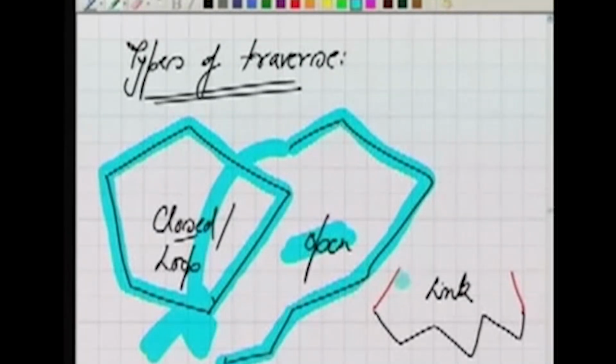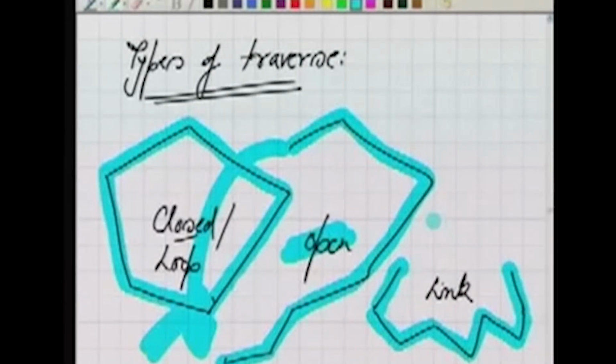Then we have another one which we say link. In the case of the link, it looks like an open traverse, except the starting line and the closing line are known to us. I am writing right now: known. These two lines are known.